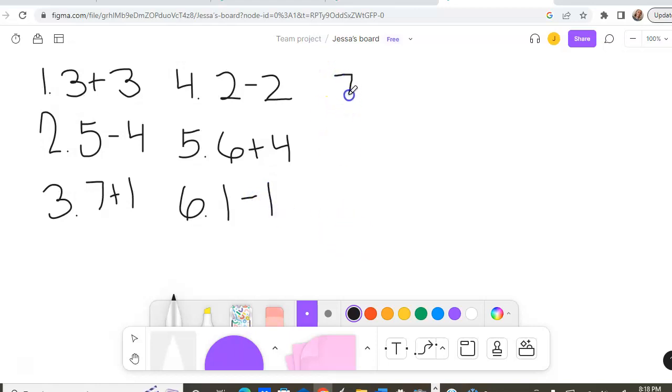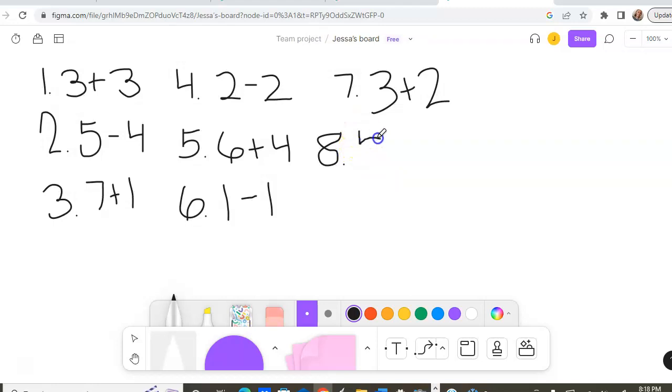For our seventh problem, let's do 3 again. We're going to do 3 plus 2. For our eighth problem, let's do another subtraction problem.